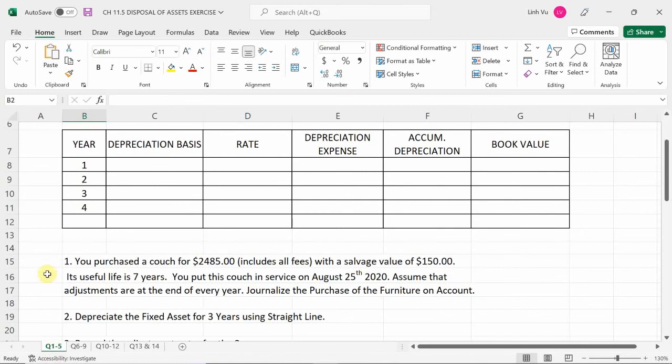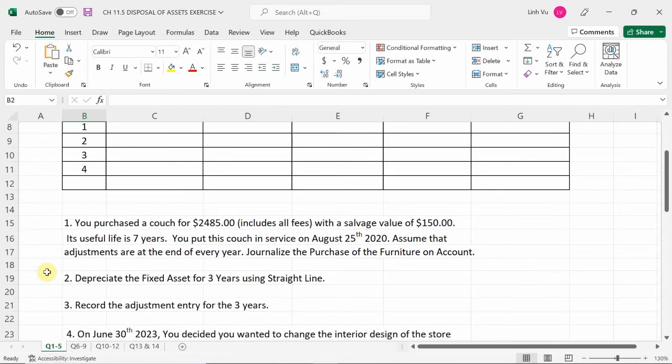Question number 1. You decide to purchase a couch for $2,485, which includes all fees, with a salvage value of $150. Its estimated useful life is 7 years, and you put this couch into service on August 25th, 2020.